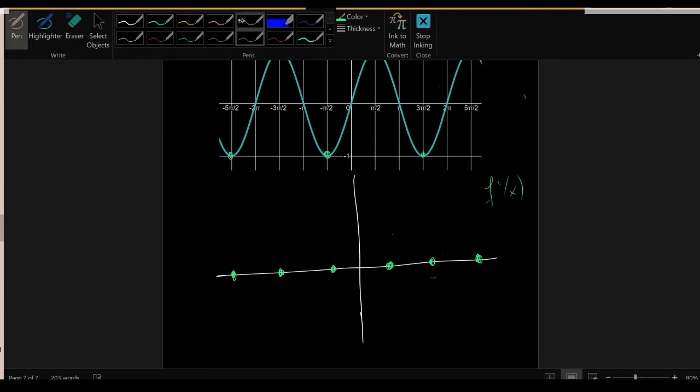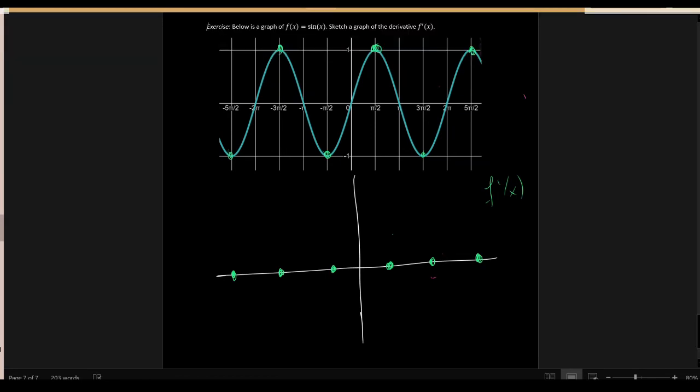The next thing that I'm going to note is that every location where the original function is increasing, the derivative function is positive at such locations. So here, dead center, the original function is increasing, it's tilted upward. Over here, between 3 pi over 2 and 5 pi over 2, same thing.